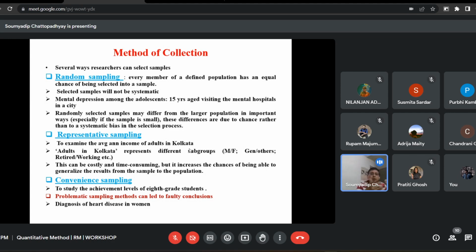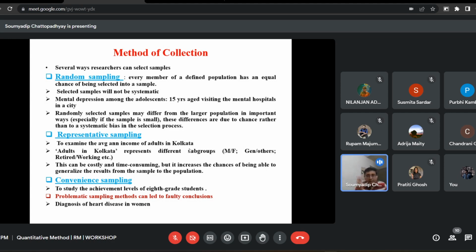Similarly, among the adults in Kolkata, there may be say 40% general, 20% SC, 15% ST, and so on. If that is the proportion of their representation, then while you are selecting the adults in Kolkata, you also have to make sure that the sampled units represent the same kind of percentage figure.